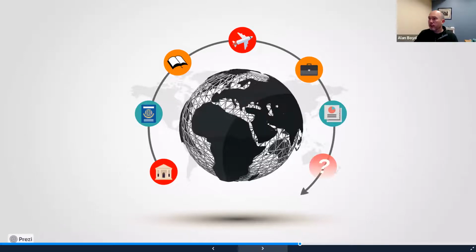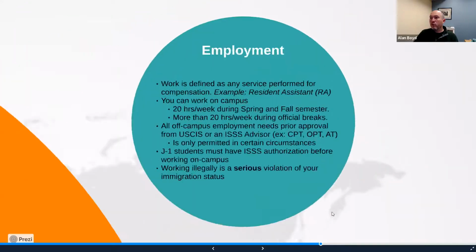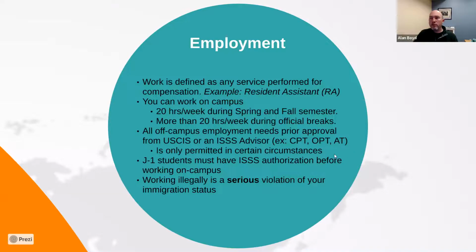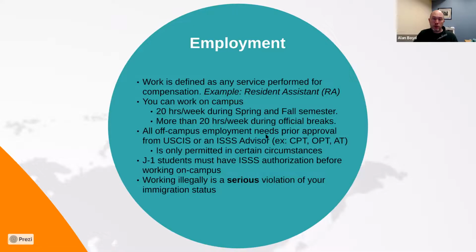And now I would like to talk about employment, a really important topic for a lot of students. Now, there are a number of ways that you can get employment authorization, but with the F-1 and J-1 visa, you may work on-campus jobs for up to 20 hours a week, or more than 20 hours a week if it's during a summer break, winter break, fall break.